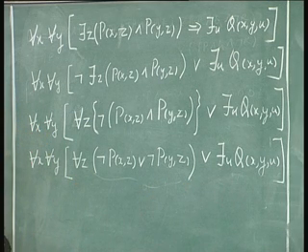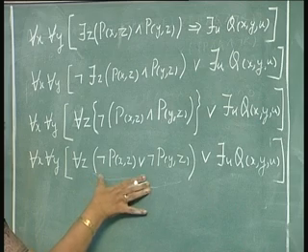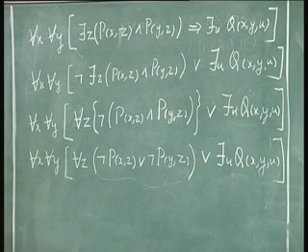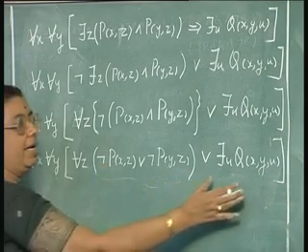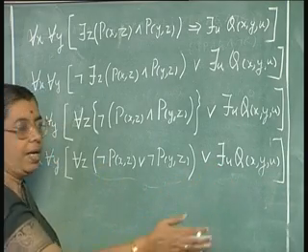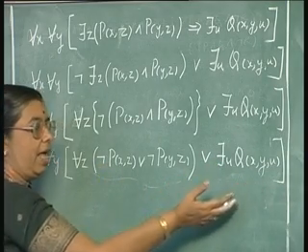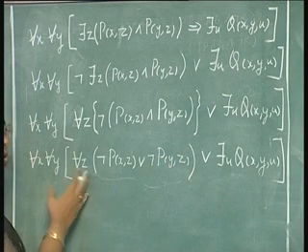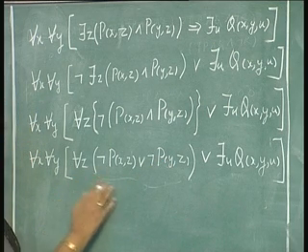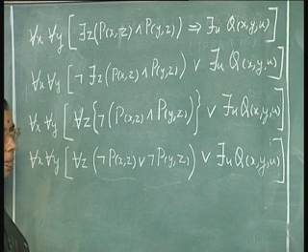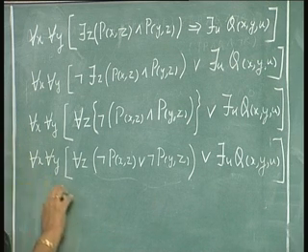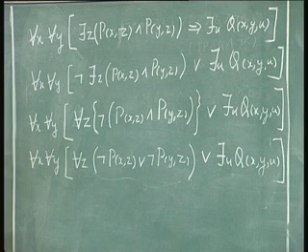That way this portion is free of u and this portion is free of z. So, using for all z here is not going to affect it in any way because this does not contain z, and using there exists u here is not going to affect because this portion does not contain u at all. And for all of x, for all of y, the scope is the whole thing and they are already outside.